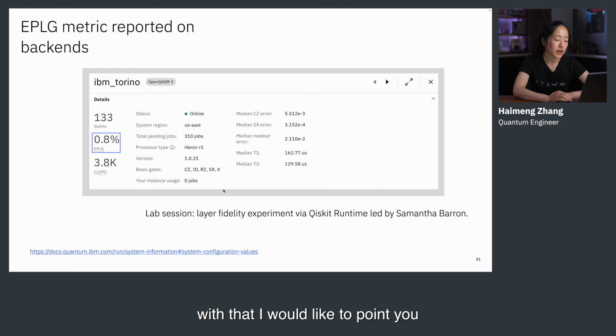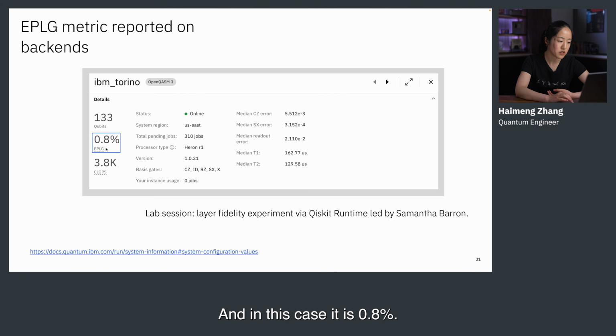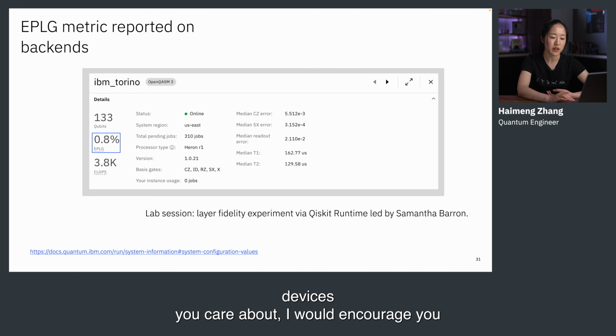With that, I would like to point you to our backend properties where this EPLG metric is reported, in this case for IBM Torino. This is where you can check the EPLG for each backend, and in this case it is 0.8%.